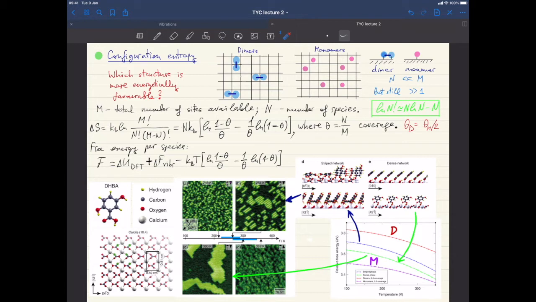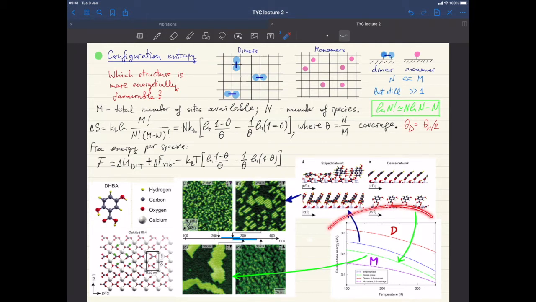And in order to calculate the total free energy of either of these two systems, one can calculate the DFT energy, then add the vibrational contribution via the quasi-harmonic approximation, and also add a configurational entropy term associated with the fact that one can distribute a certain number of molecules or monomers on the lattice sites in various ways.